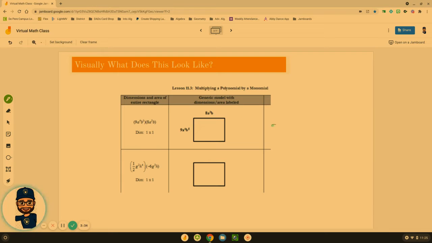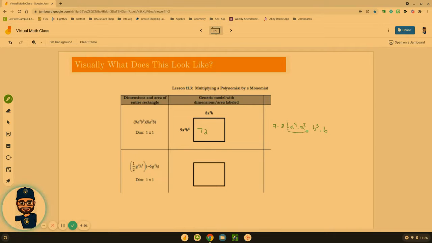So we're going to have 9 times 8 times a to the fourth times a to the third times b to the fifth times b. So 9 times 8, 72.